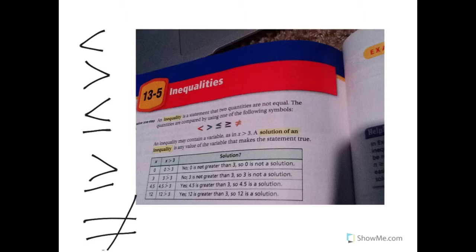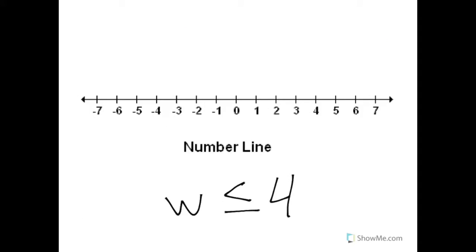Is 3 greater than 3? No. 3 is 3, of course, so 3 is not a solution. 4.5. Well, 4.5 is greater than 3, so yes, 4.5 would be a solution. It wouldn't be the only solution, as you can see. What about 12? 12 is greater than 3, so 12 is a solution.